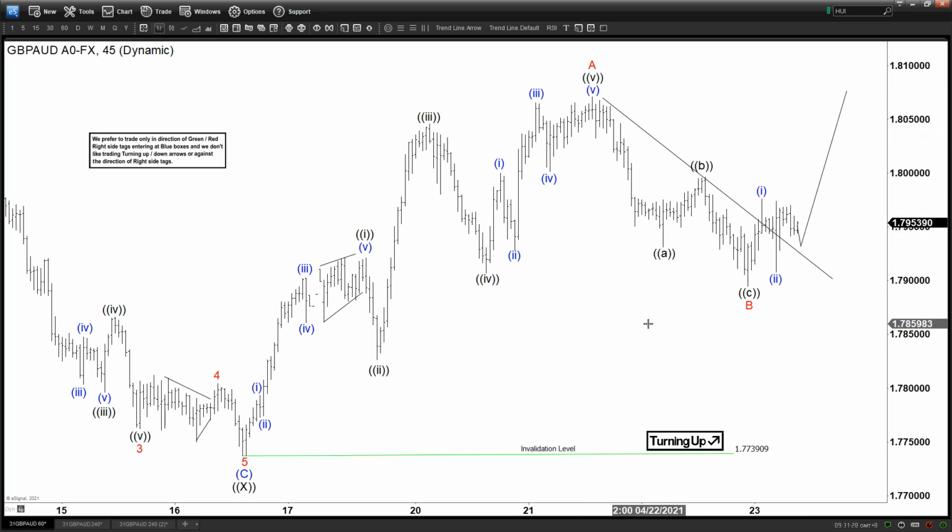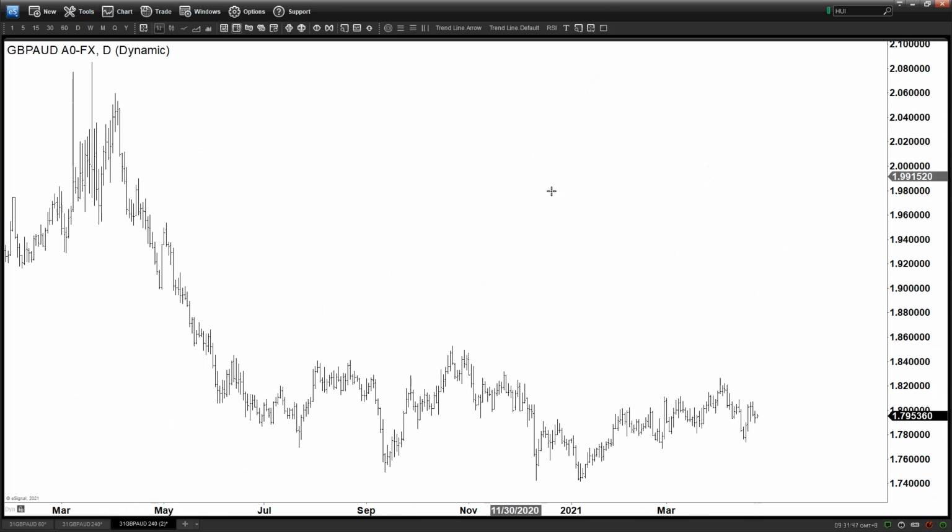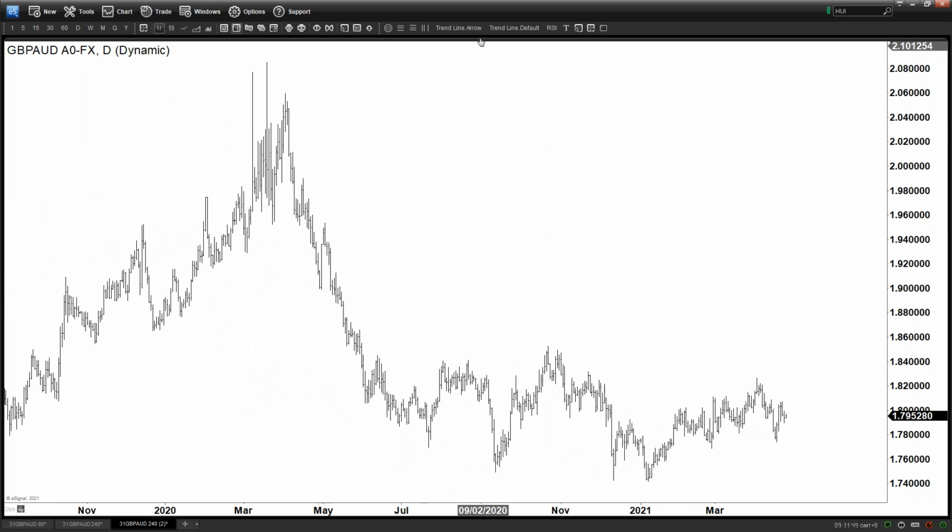A. Alright, now overall though, I would say overall the pair itself is kind of a little bit choppy overall, right? And talking about the main trend of the pair, the pound Aussie, if we take a look at the daily chart, now you can see clearly from March this has been impulsively going down.